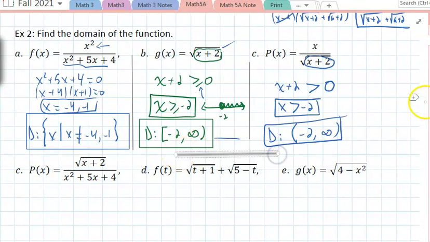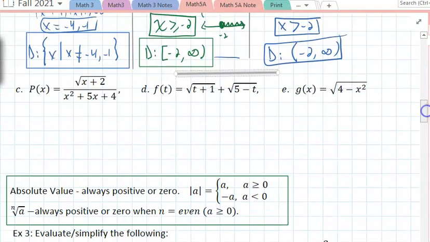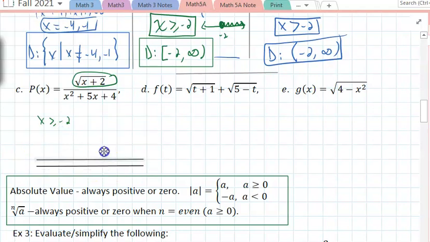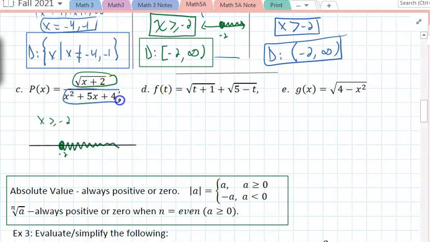And if I have a combination of both, anytime I have multiple domains within the same problem, I would use a graph. So this we already did. We already know for this, we want x to be greater than or equal to negative 2. So on a number line, take negative 2 included, and for this one we already did.